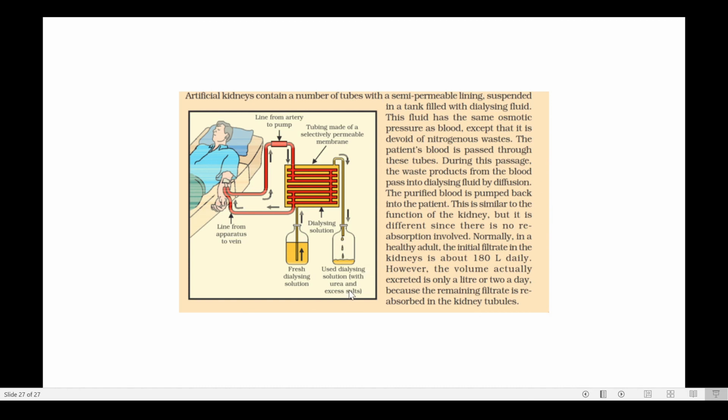Here you can see the urea as well as the excess salts get deposited, and then these tubes, actually selectively permeable membranes, filter the impurities from the blood, and the fresh blood again goes through this channel to the patient. So one line is coming from the artery to the pump and another line from the apparatus to the vein. So this is all about hemodialysis.